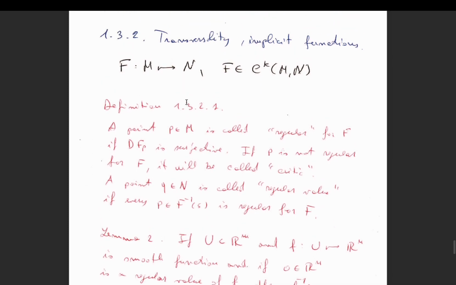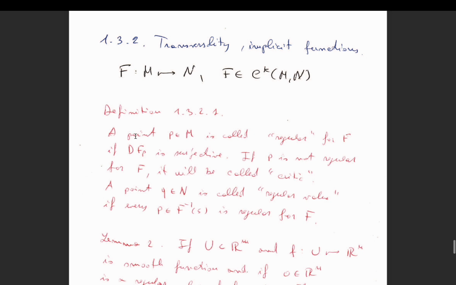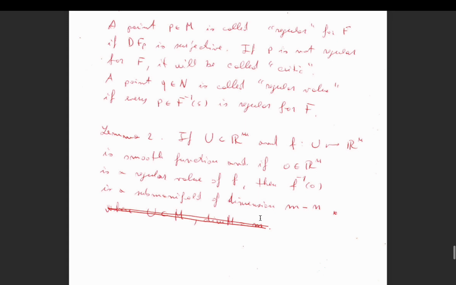Now, by definition, a point P of M is called a regular point of f just in case the differential of f computed in P is surjective. If it's not surjective, P will be called a critical point. Furthermore, a point Q belonging to N is called a regular value of f if any P belonging to f to the minus 1 of Q is a regular point. This is a definition.